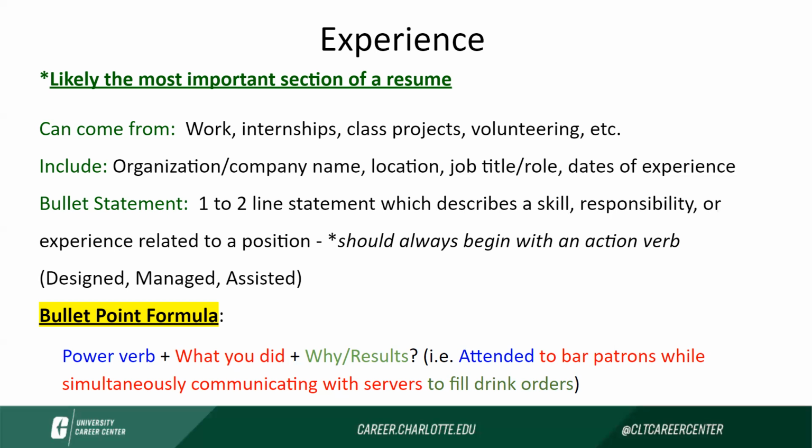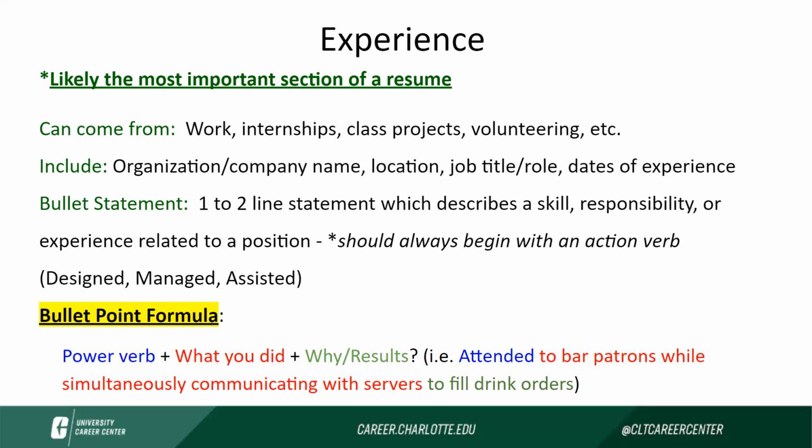and assisted are all examples of action verbs. If you're looking for a formula to help you with creating a bullet point, here's one below that we recommend. You're going to start with the action verb, also known as a power verb, and then you're going to add what you did. And then at the end, you're going to talk about the why or any results that you may have. So what was the impact?